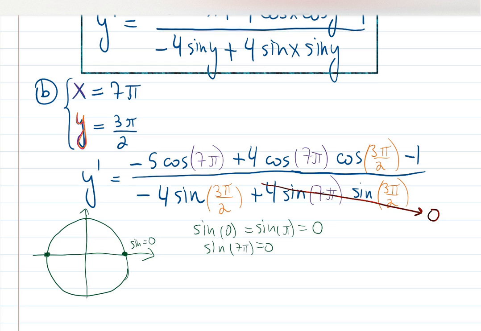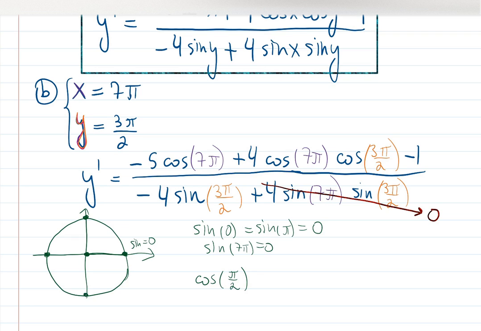So what about cosine? Where cosine is 0, maybe we're lucky to have one more 0 piece. I remember that cosine is 0 at pi over 2, because cosine is my length, and the length at pi over 2 is 0.